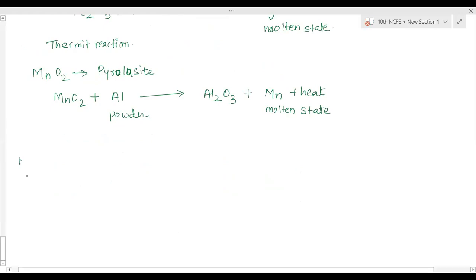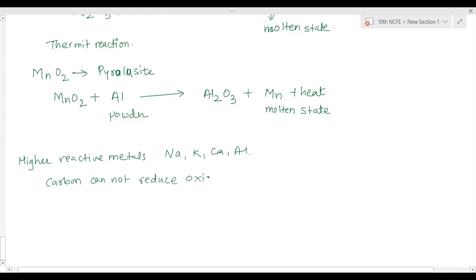Ma'am, can you repeat the answer so I can write? Yes, I will write it down here. Higher reactive metals: sodium, potassium, calcium, aluminium. Carbon cannot reduce oxides of higher reactive metals.